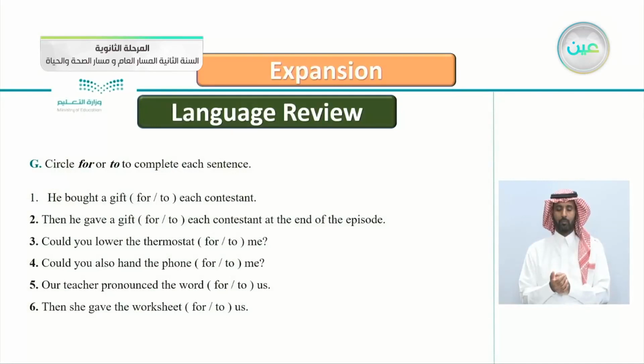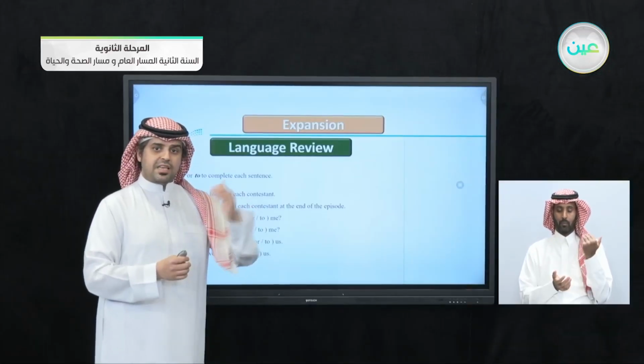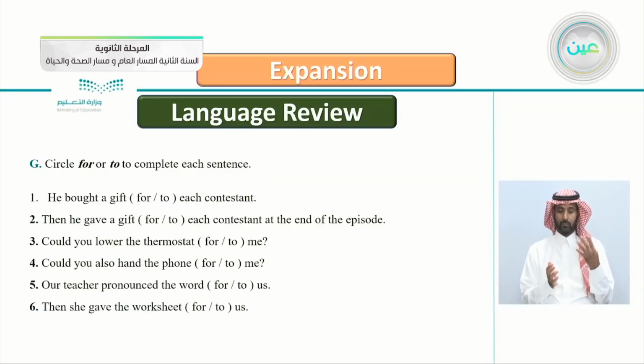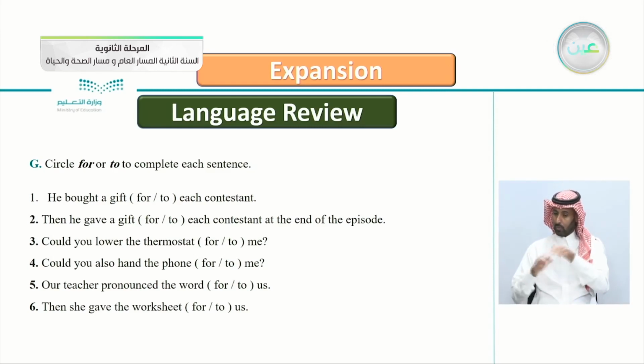So getting back to the exercise here, now that we have revised this grammar, for and to, let's answer the questions here. Circle for or to to complete each sentence. Number 1, he bought a gift for or to each contestant.